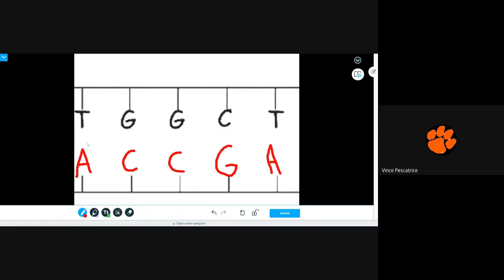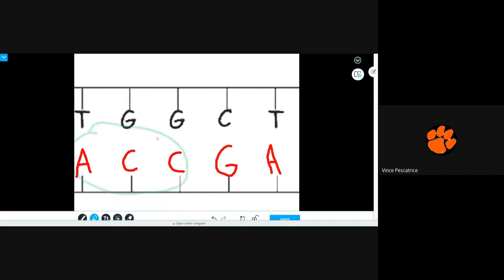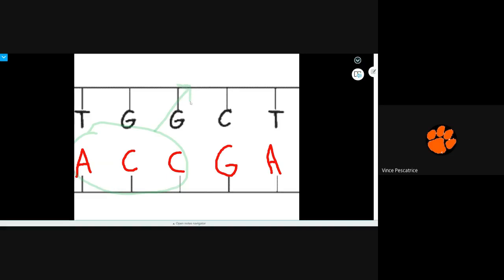So what happens is there's a big protein molecule that slices this in half and copies the complementary base pair here. Now, what happens is in groups of 3, so like say ACC right here, that can code for a specific protein.